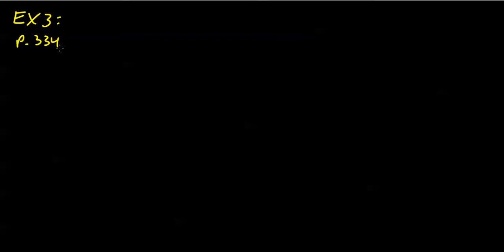I want to focus in on part B of this example. Let me read through the problem with you on page 334, example 3. It's entitled Constructing a Confidence Interval, Poll Results.